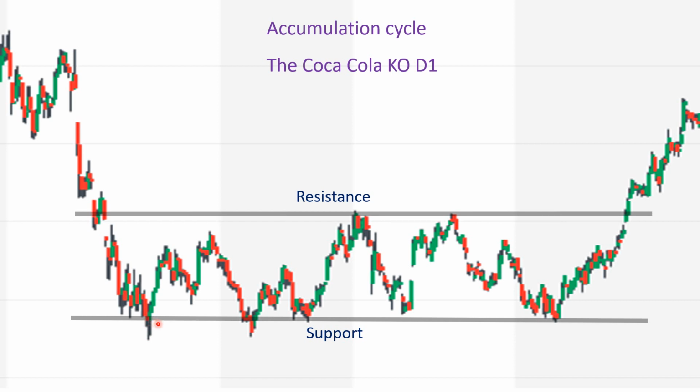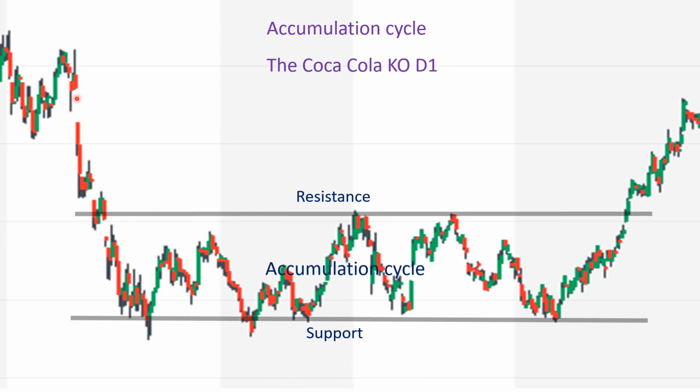The volume tends to increase due to bullish pressure, or a strong increase in demand, to absorb the supply. In other words, smart money starts buying low to sell high in the future.